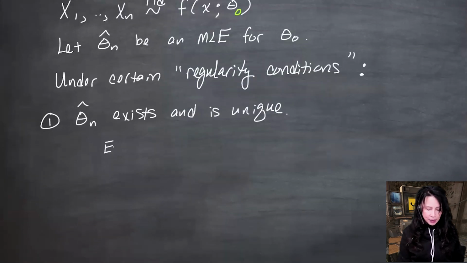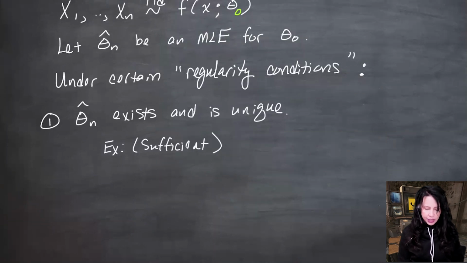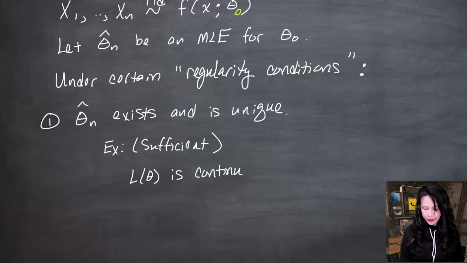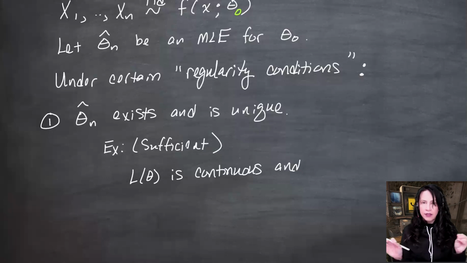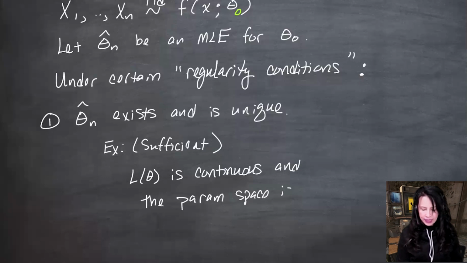There's so many things I can say here. One example of some sufficient conditions is to say that your likelihood is continuous in the arguments it takes, which is the theta, which is the parameters for us, and the parameter space is compact.